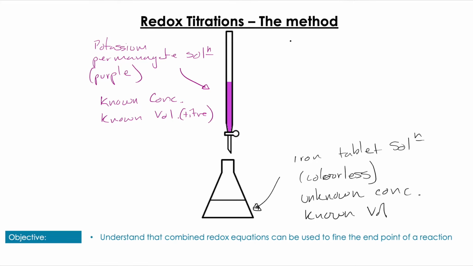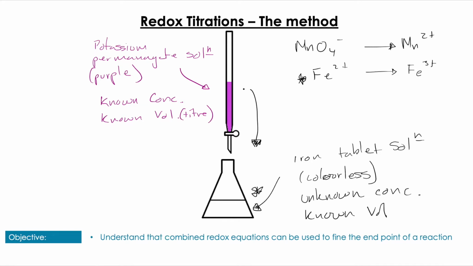So what we can start doing is adding permanganate dropwise, and every time the manganese ions fall into solution, we're going from MnO4- to Mn2+. So we're changing the oxidation state. It goes from purple to colorless as soon as it lands, because the Fe2+ in solution allows the reduction of the Mn ions.